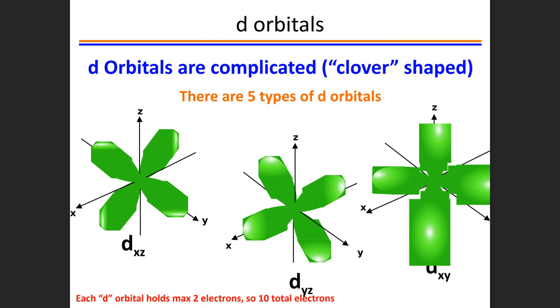This d orbital is called clover shaped, and there are 5 types of d orbital, and each d orbital holds a maximum of 2, so 10 electrons. So 10 plus the first and second shell's 8 is 18. So that's why we say the third shell, with d, can have a maximum of 18 electrons.